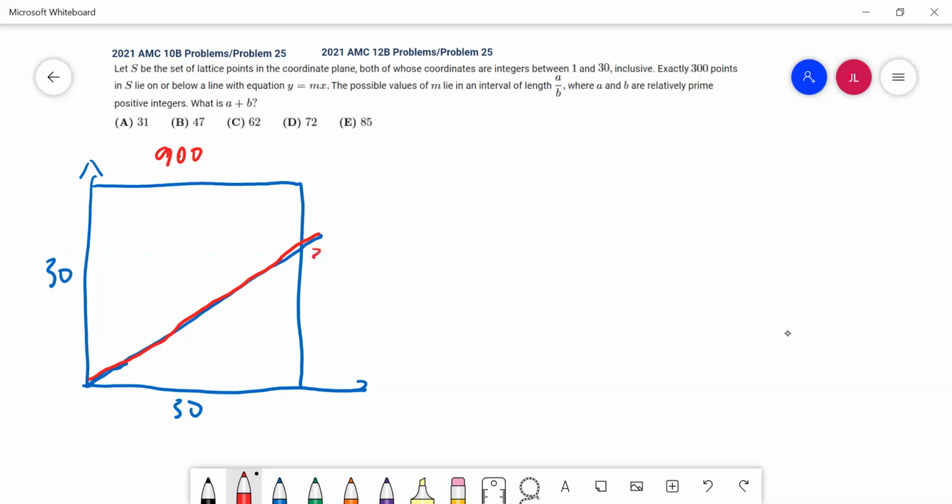So we can see this is roughly around 20 over 30. So we're going to first calculate how many points are on and below the line y equals 2/3 x. This slope is 20 over 30, it's 2/3.